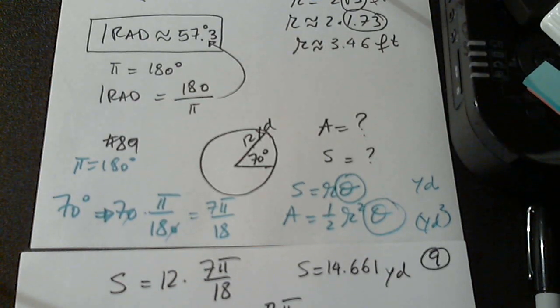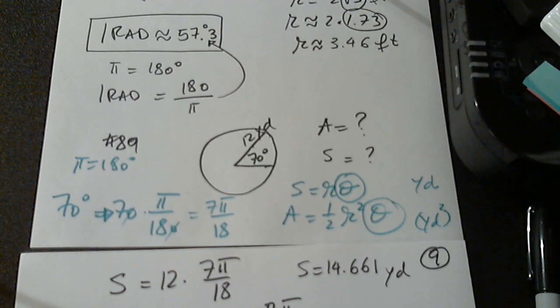The other one, 144. Careful how you do this. 144 times 7 times pi. And now you have to divide. You either put it in parentheses 2 times 18 or you divide by 36. But do not divide by 2 and then multiply by 18 without parentheses because it's going to give you a totally different answer.